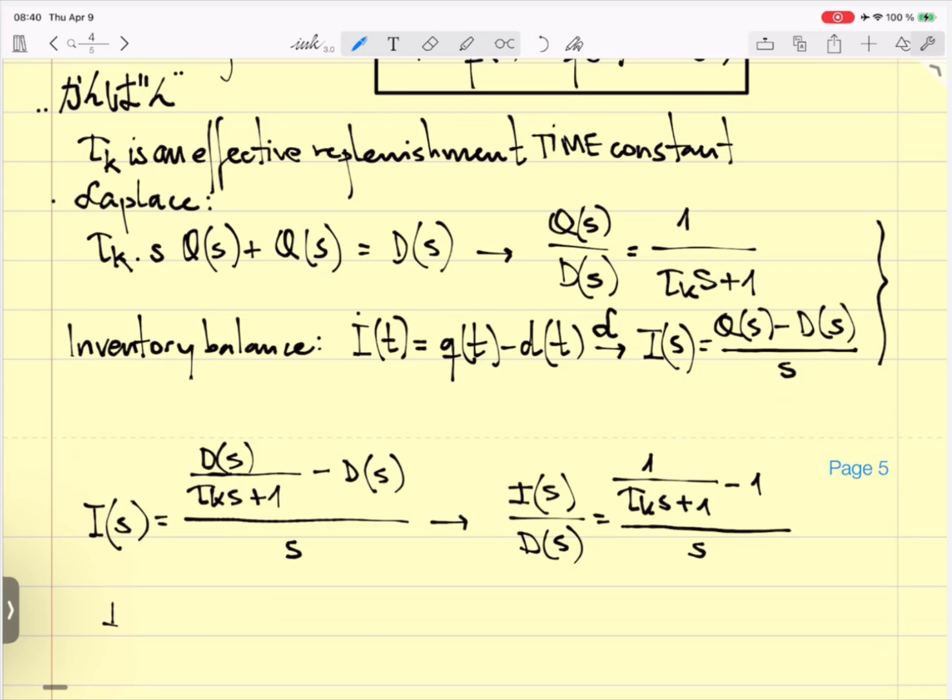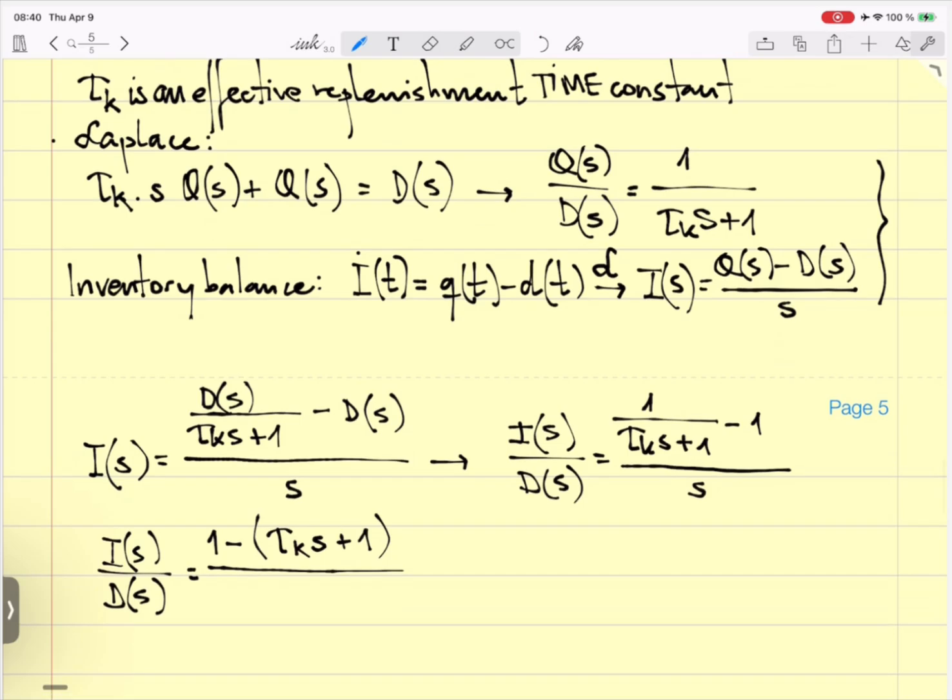If we transform this a little bit, this turns out to be 1 minus tau sub k s plus 1, divided by s times tau sub k s plus 1.